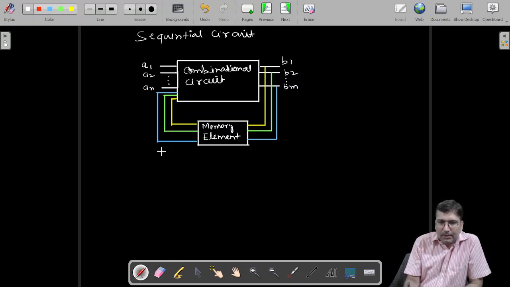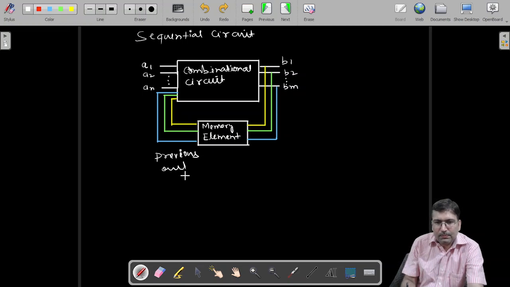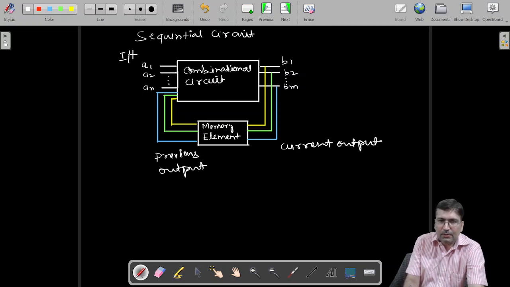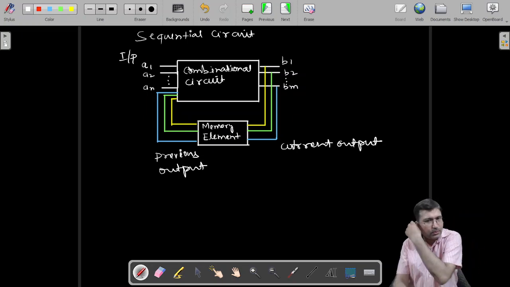So here I am writing previous output, and here I am writing present output or current output. And these are the inputs, and these are the current outputs, right?